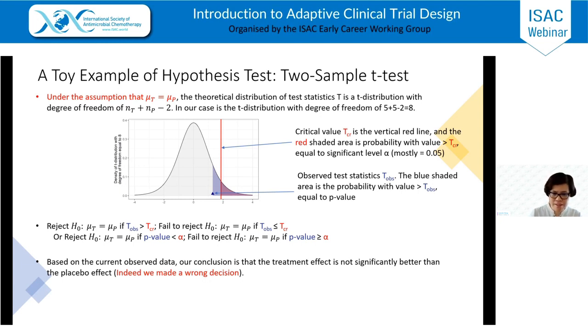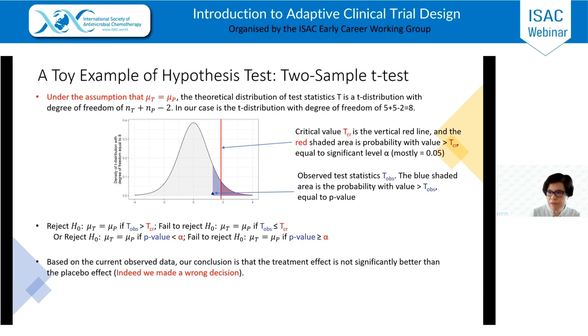So the decision is to compare whether the observed statistic is on the right side of the vertical red line or not. In our case here, we're not going to reject H0. Basically, we don't have enough confidence to say the treatment and the placebo are different.